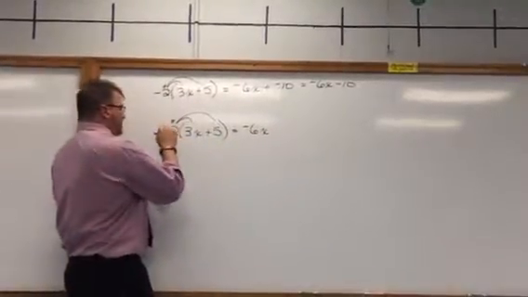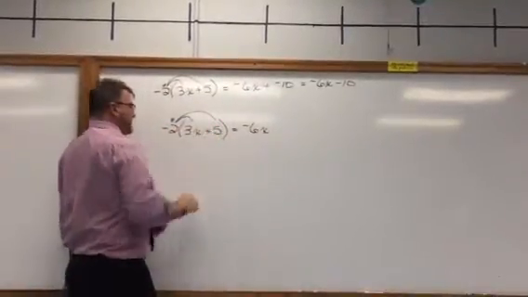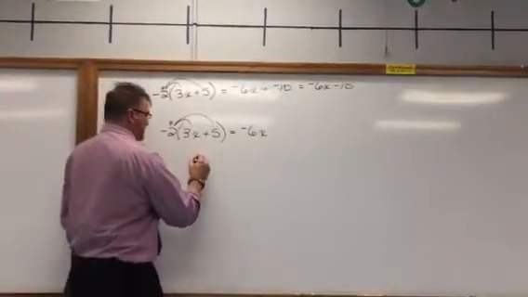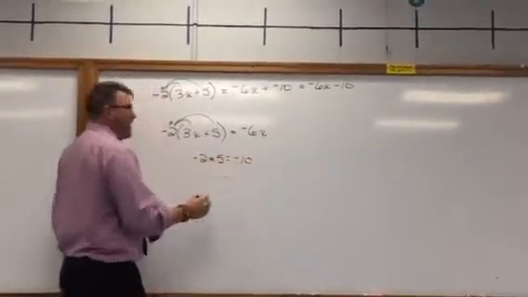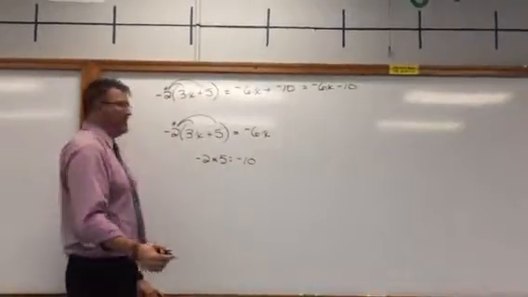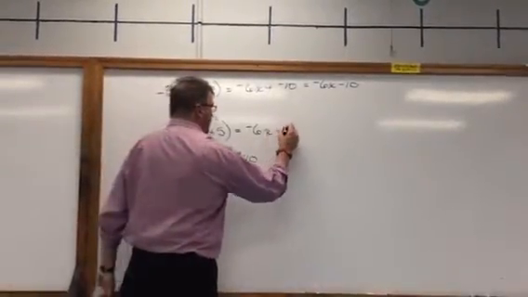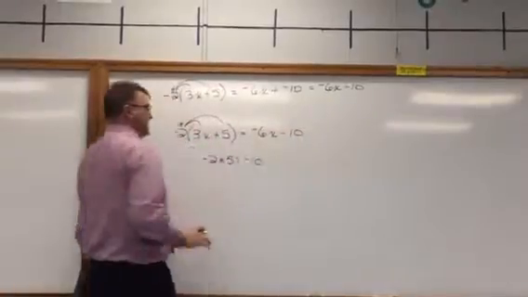But now we say negative 2 times 5, that's equal to negative 10 or minus 10. So it would just come up here as minus 10.